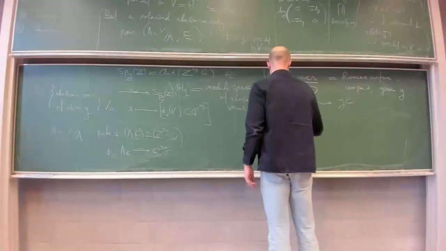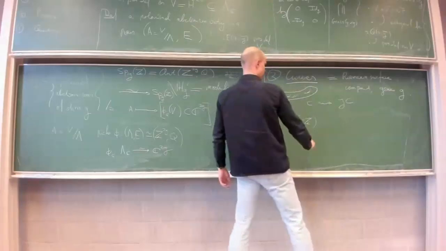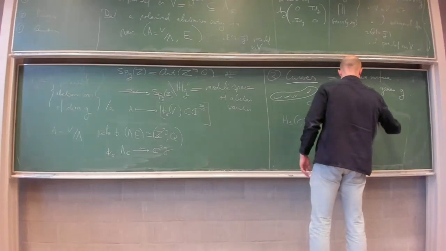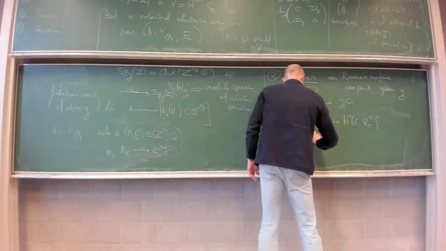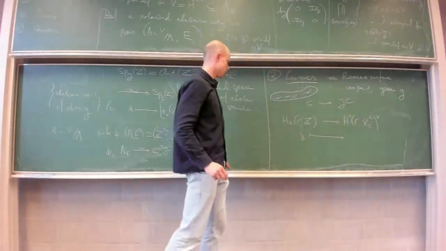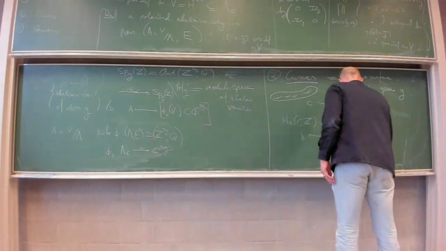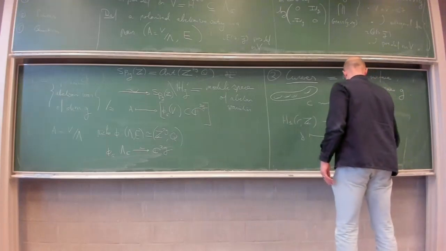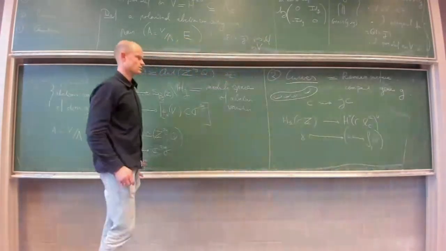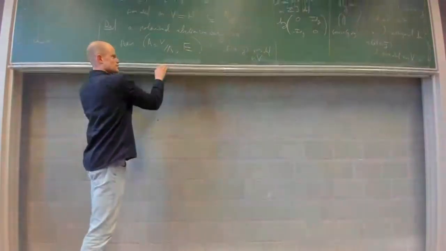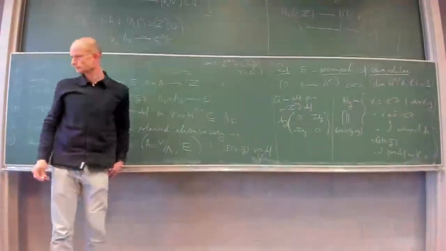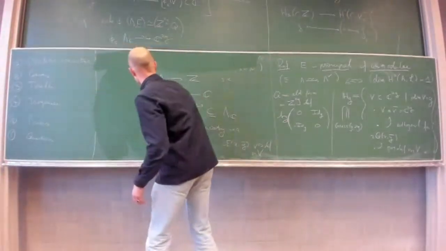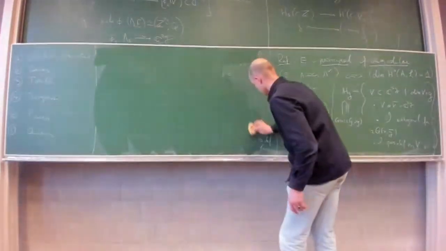We can look at the homology of the curve, and embed it into the dual of the space of holomorphic forms by sending a cycle to the functional sending omega to the integral of omega.